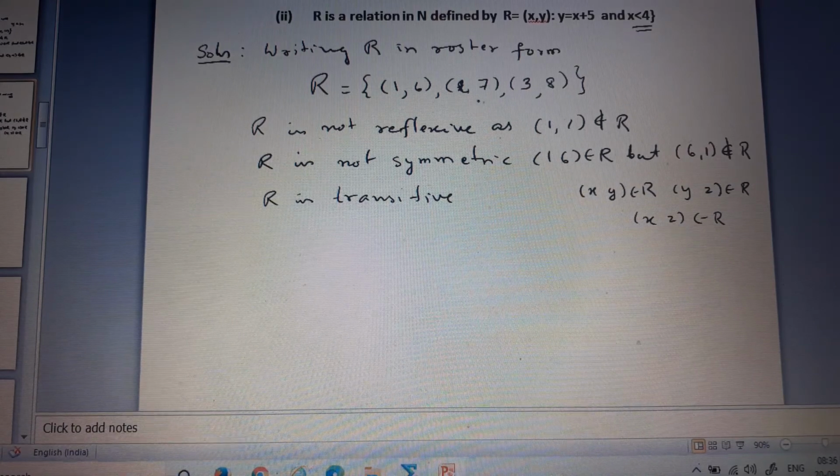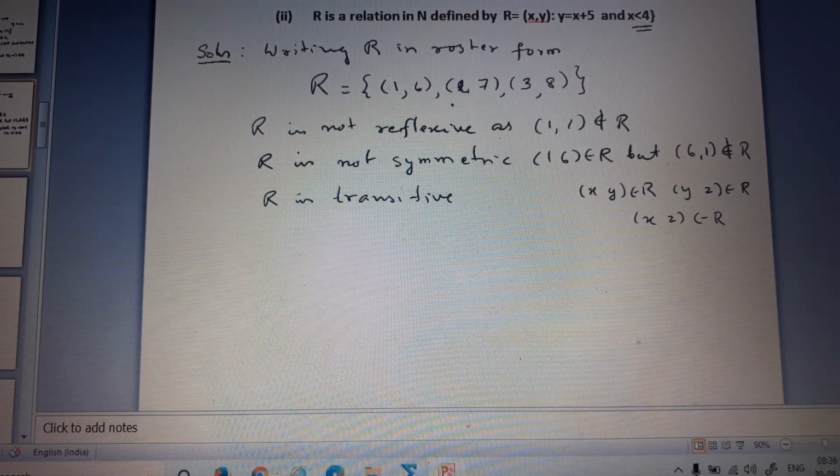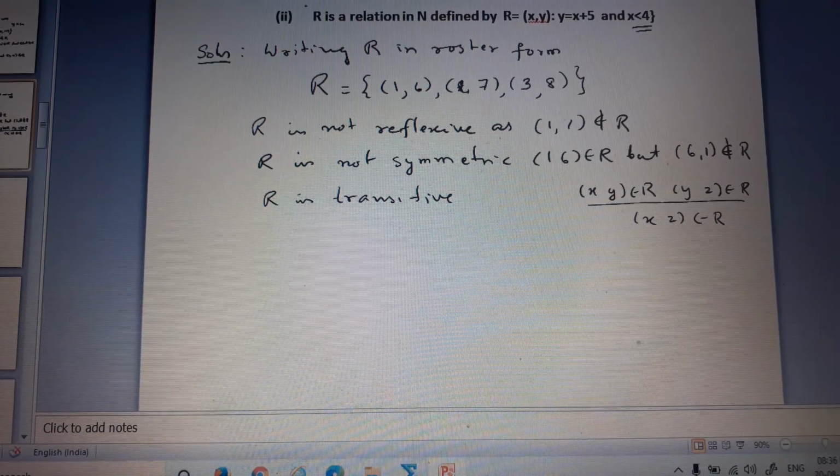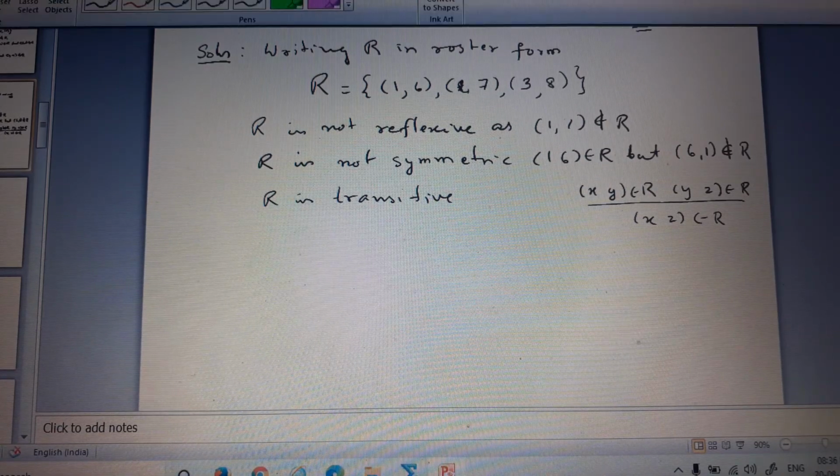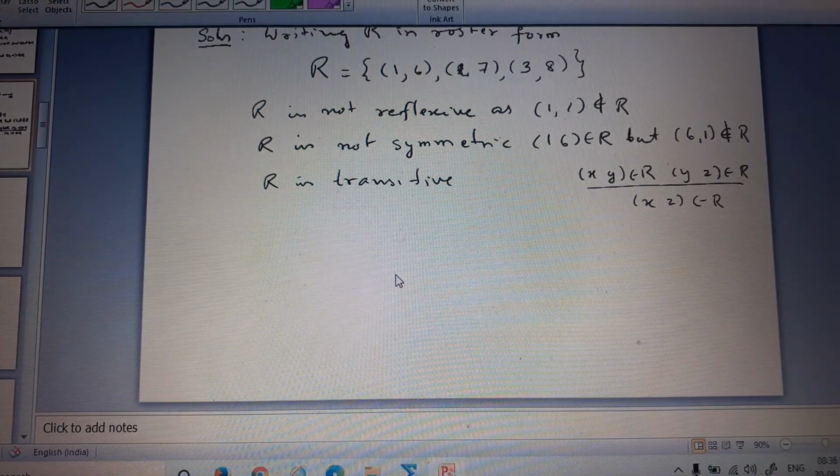Sometimes, this type of transitivity is also referred to as trivial transitivity because the first condition is not satisfied. So there is no question of checking this one. We have to accept this as transitive only. So this is one important example which shows you how to do this type of question.